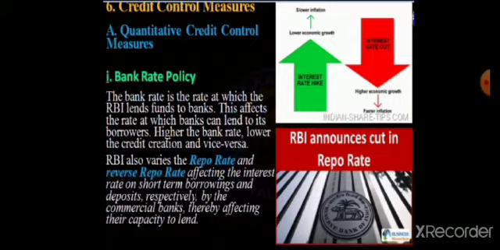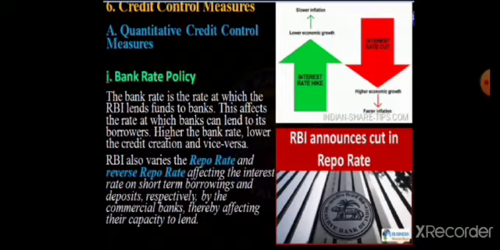When there is an increase in prices of goods and services, or when there is inflation, it is going to affect the whole economy, due to which RBI adopts the method of bank rate policy under quantitative credit control measure by way of increasing the repo rate.